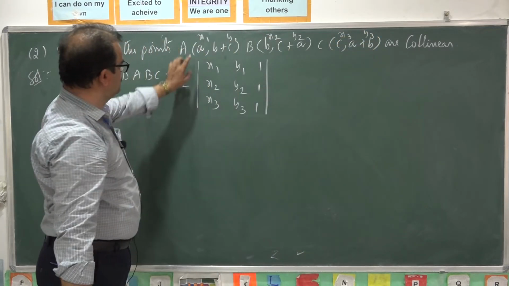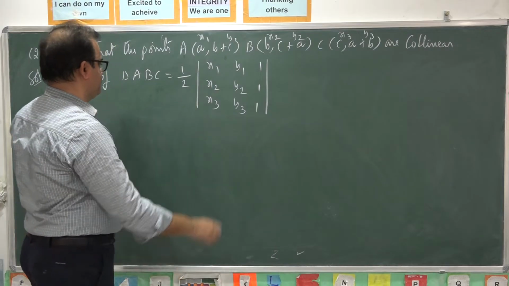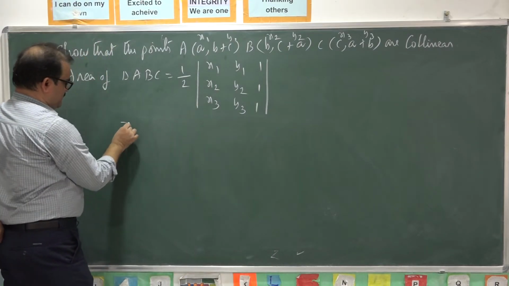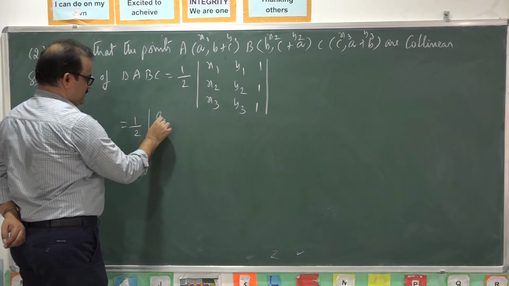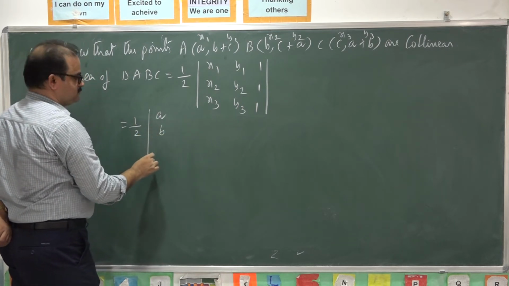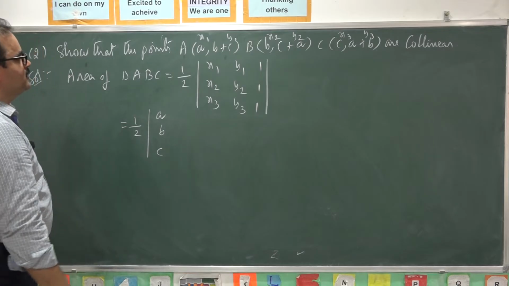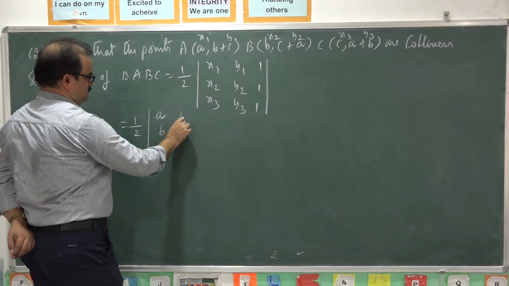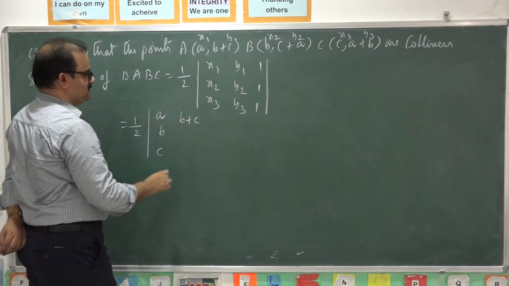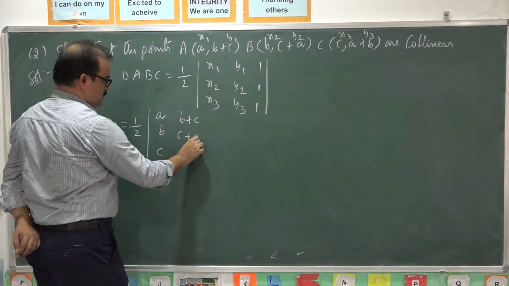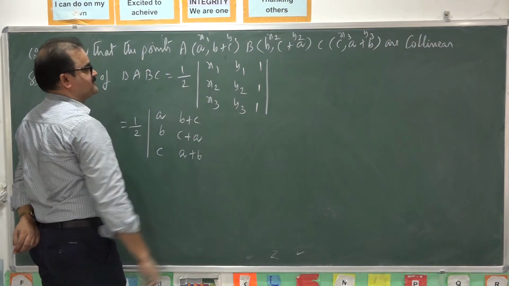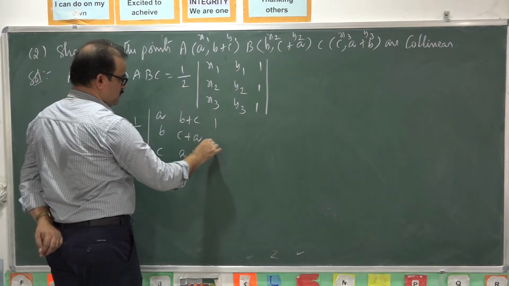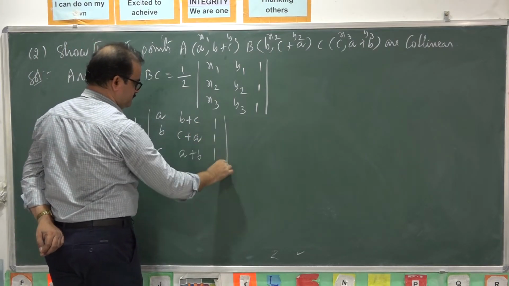Now substitute these values in this determinant. That is equal to 1/2 into first column a, b, c, second column b plus c, c plus a, and a plus b, third column 1, 1, 1.